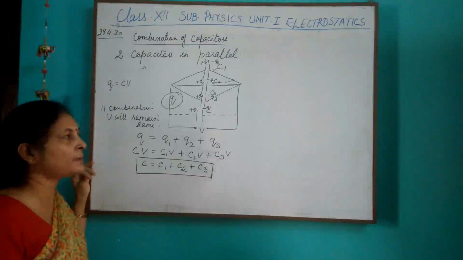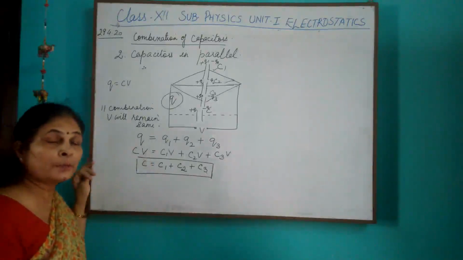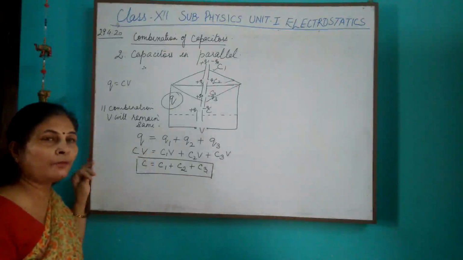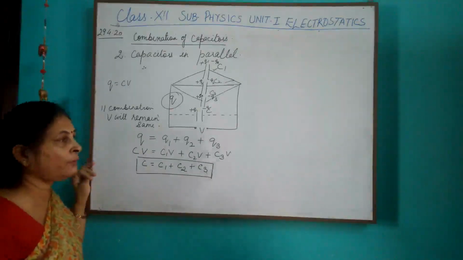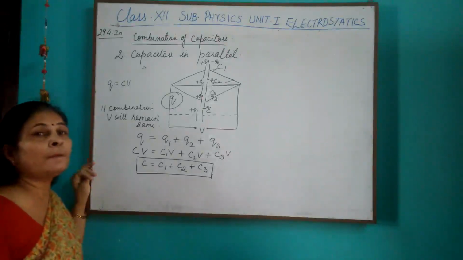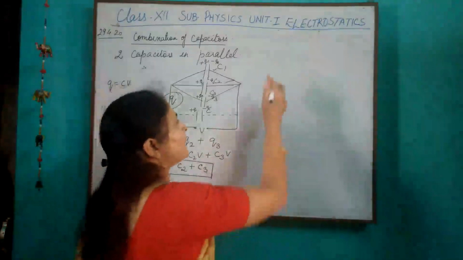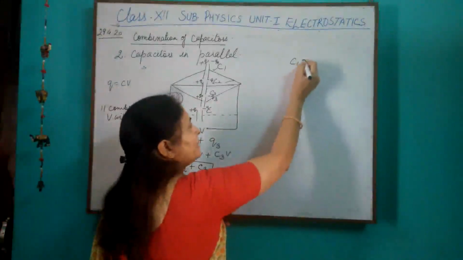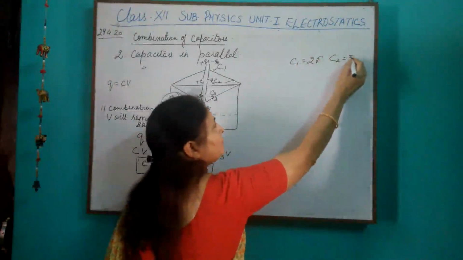As far as the numericals are concerned, you will take similar formulas as you have done for resistors, but you have to be very careful about the formula. Even after remembering, even after knowing, there is a chance of making a mistake. The common mistake which you generally make is, suppose I give you the value, say C1 is equals to 2 farad and C2 is equals to say 3 farad.